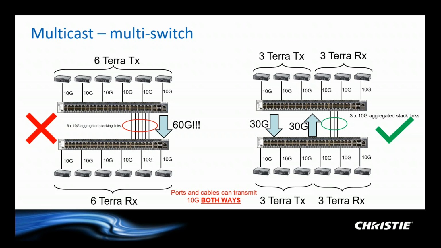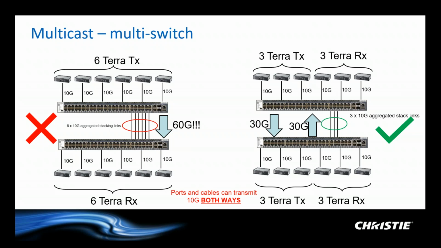Each transmitter would be sending out 10G, and each receiver would potentially be subscribing to a different transmitter, and so potentially receiving 10 gigabytes.